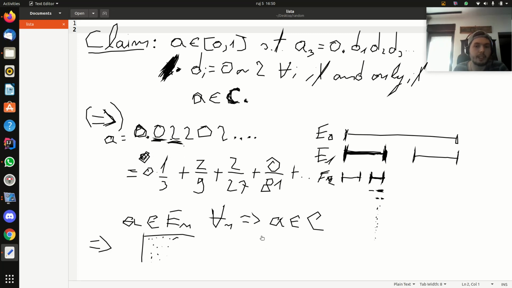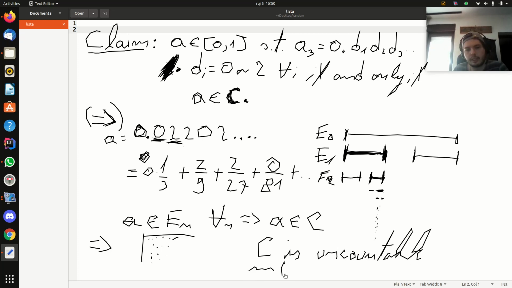And this basically shows that C is uncountable. And the Lebesgue measure of the Cantor set is 0. So isn't that wonderful? We found a set that is uncountable with measure 0. So it's a funny set. Well, it's rather nice actually.